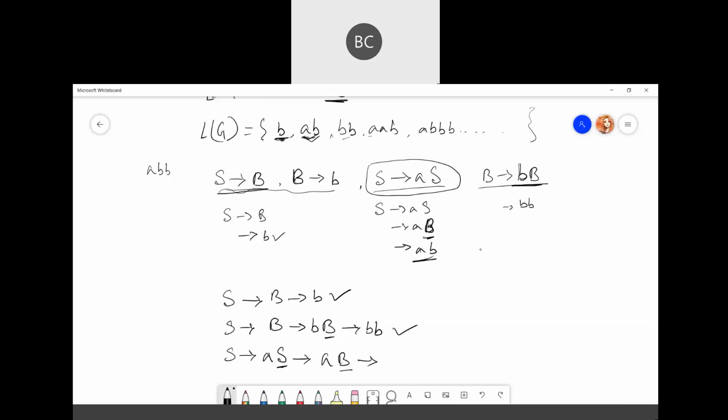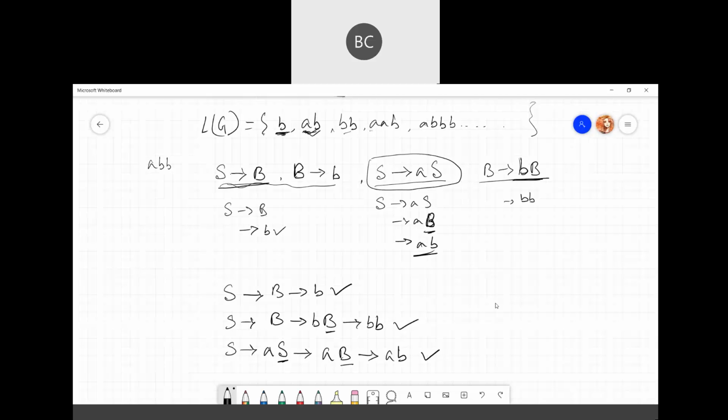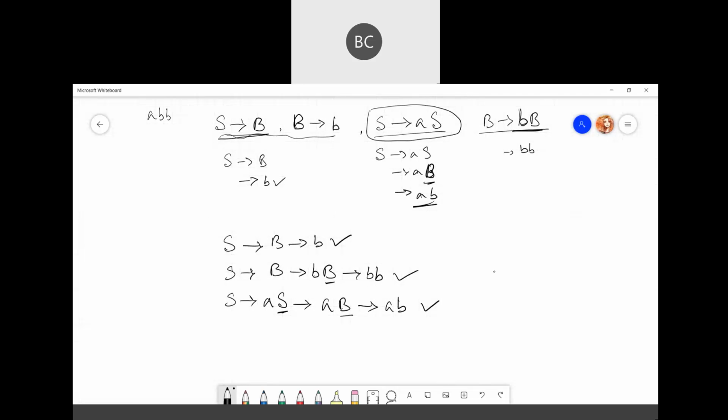That means the same thing, ab. So ab is also accepted by the language. Right? Now try the other one, aS. Let's just replace S with aS. Okay. I replace S with aS. This S, I'm taking this one, aS.